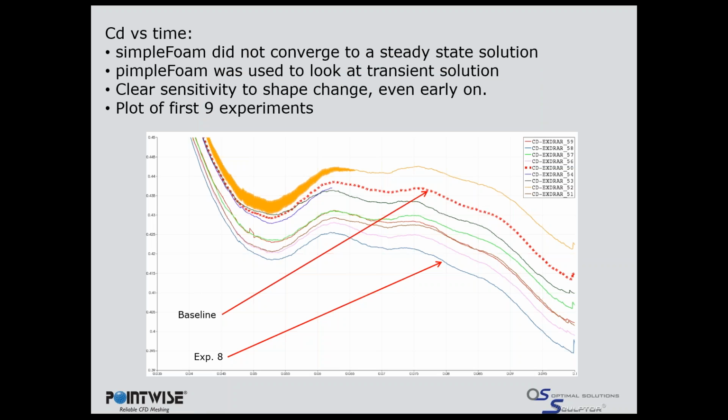Now, if we look at the plots of the solutions for those 28, and just to keep the plot easy to see, we plotted the first 9 experiments, and we see in the red dotted line, that's the original, and the other 8 shapes are a subset of the 28 that we did look at.